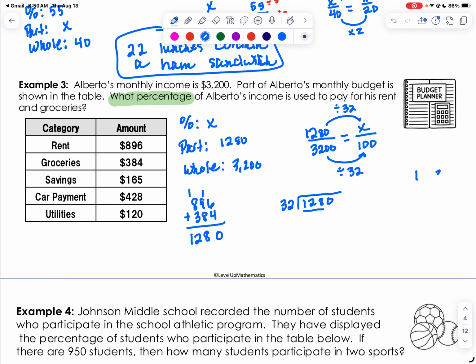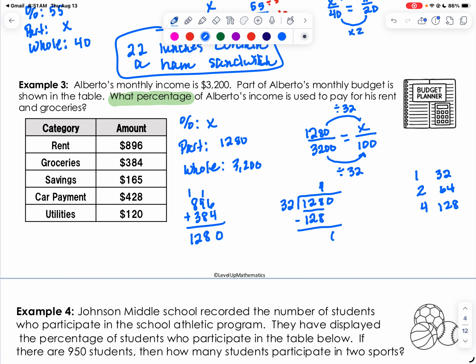So I'm going to use a little ratio table over here. So 1 times 32 is 32. If I double that, I know that 2 times 32 would be 64. If I doubled that again, 64 double, ooh, yes, that would be 128. So I know 32 will go into 128 4 times. So 4 times 32 is 128.